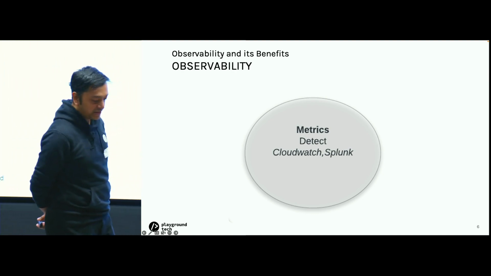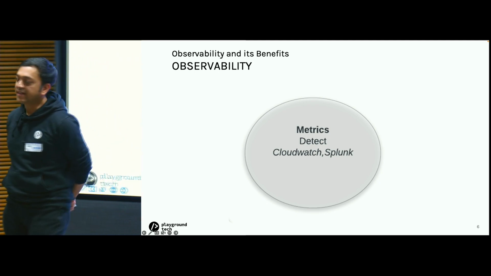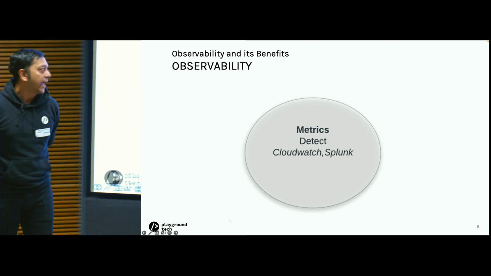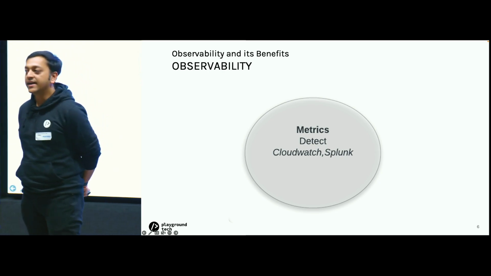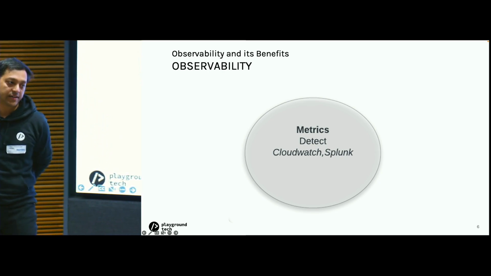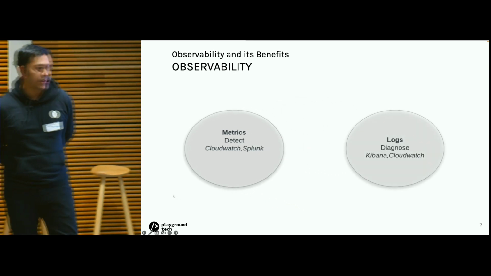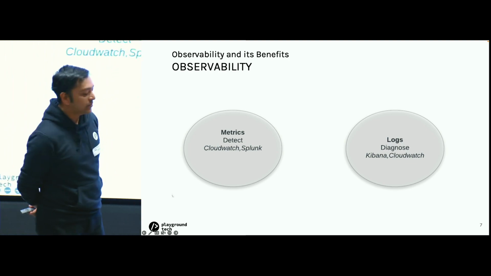The first, as you can see in the slide, is metrics, and basically it helps us detect how much compute capacity is inside the system and what sort of trade-offs we can make while hosting any compute, be it serverless or a normal one. The second signal is logs, which is very familiar to us.